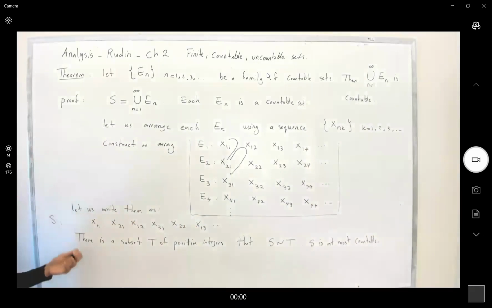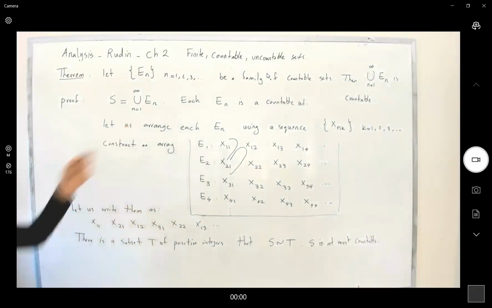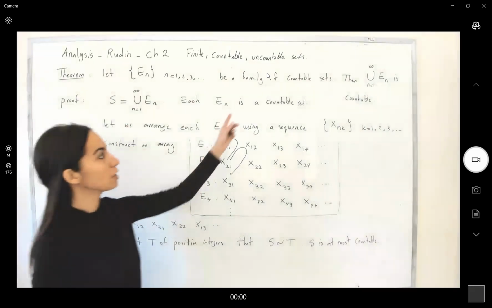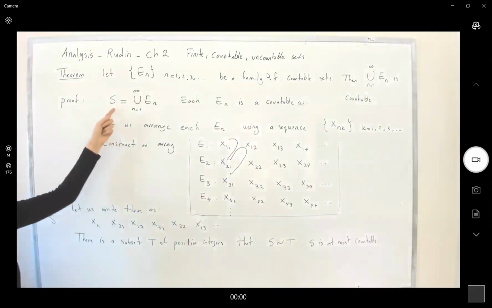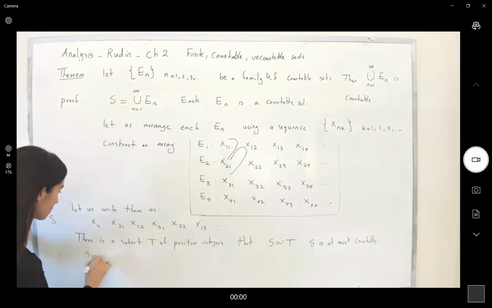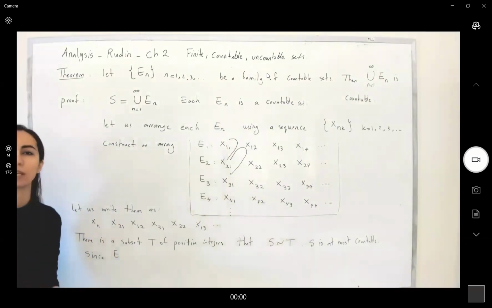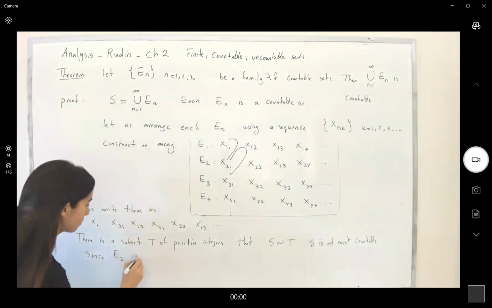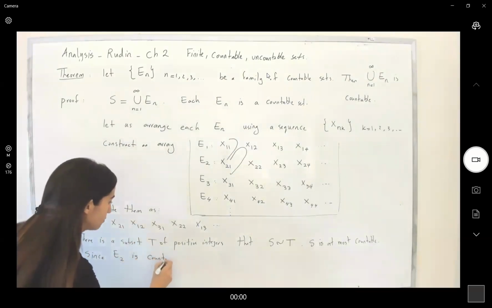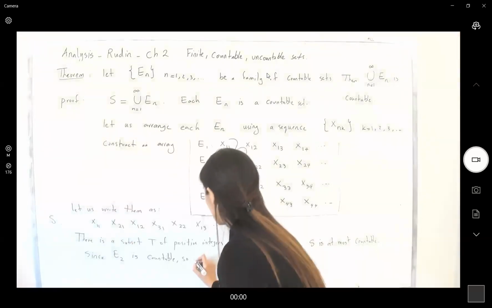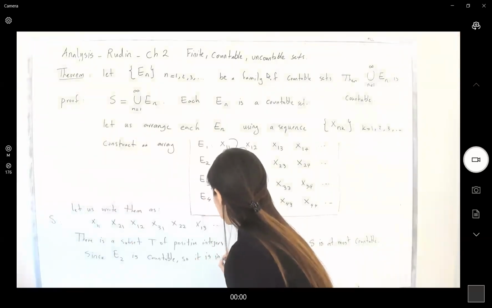At the same time, note that E sub 1, E sub 2, E sub 3, all of those are countable, and those are subsets of S. Since E1, E2, you can take any of these subsets, it is countable, so it is infinite.